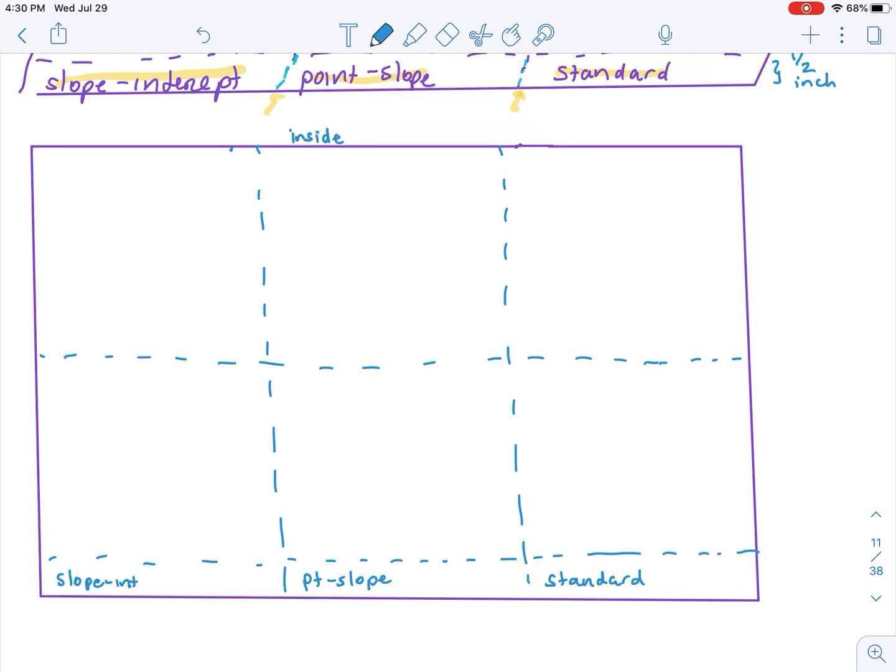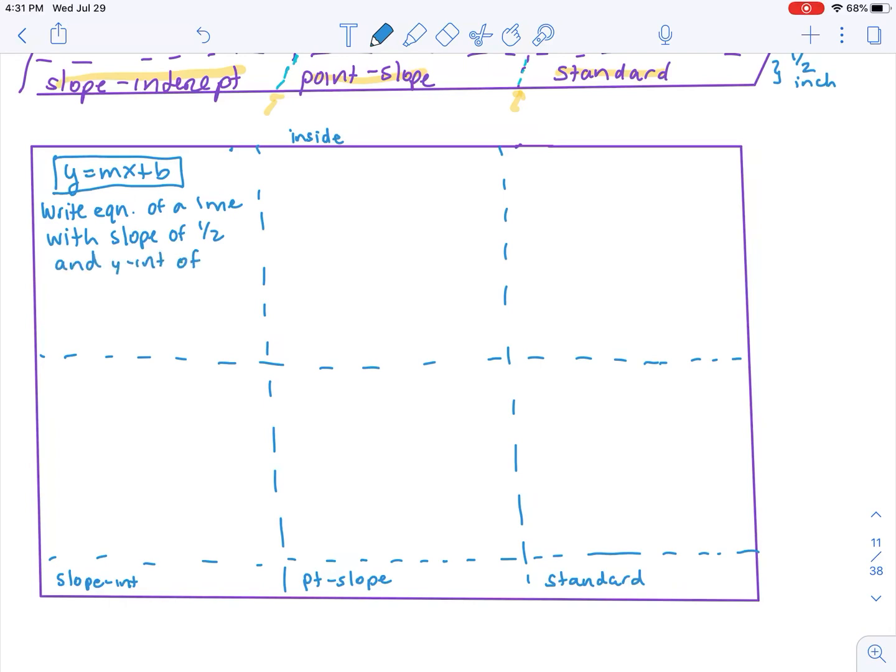So at the very top, the equation that we associate with slope-intercept form should be y equals mx plus b. We'll go ahead and put a box around that, and we'll discuss what to do when you're asked to write an equation of a line with slope of 1/2 and y-intercept of 3.